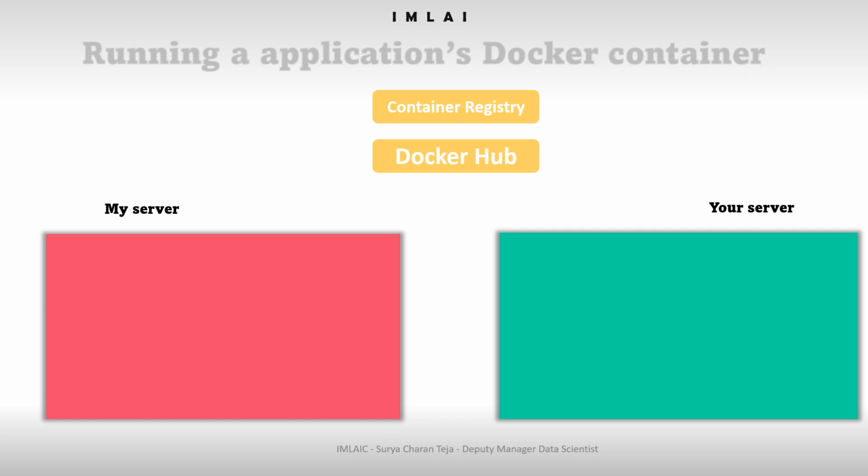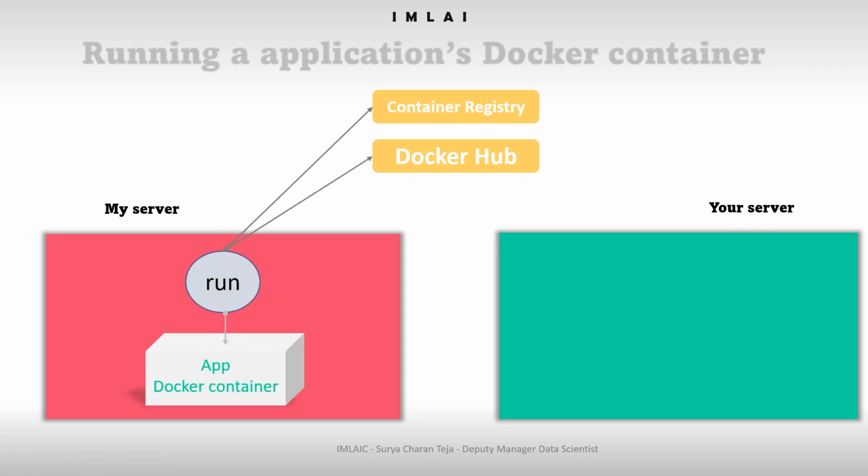Now this is my server and this is your server, and somebody else might have their own server. As I have kept my Docker Hub repository public, anybody can say docker pull, and then once the image has been pulled, you can say docker run with the image name and run the container. That's it. Your app container will be up and running.